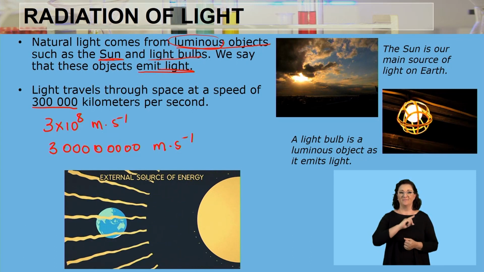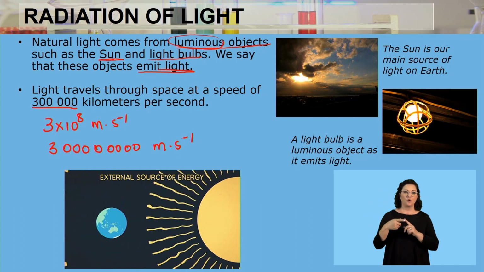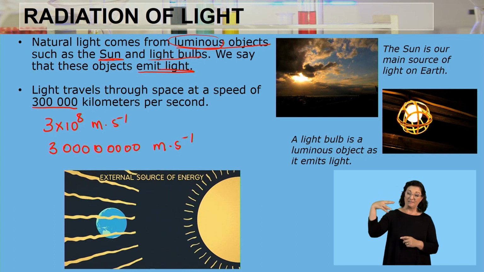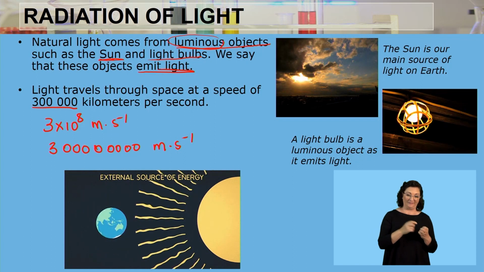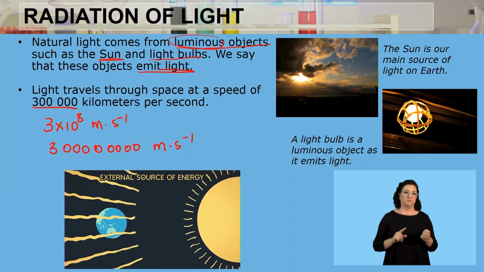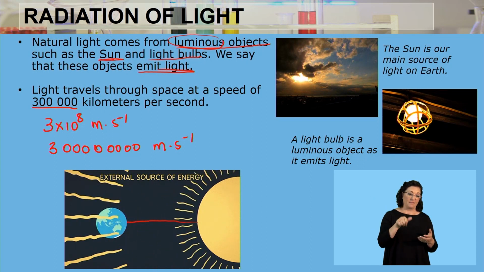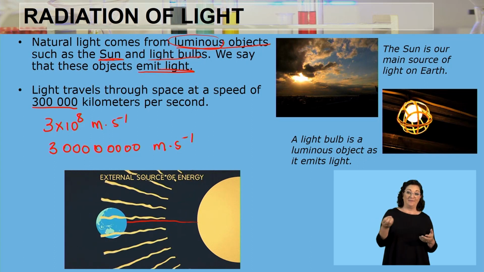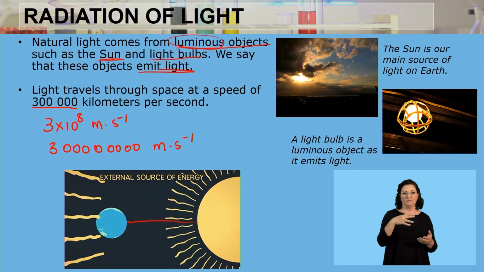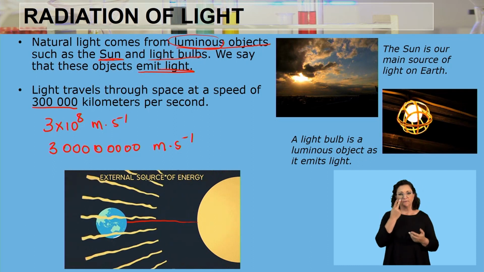So light travels at this speed from the source, being the sun, through space up until it reaches the earth. Light traveling from the sun through space into the earth is able to give off the light that enables us to see everything around us.